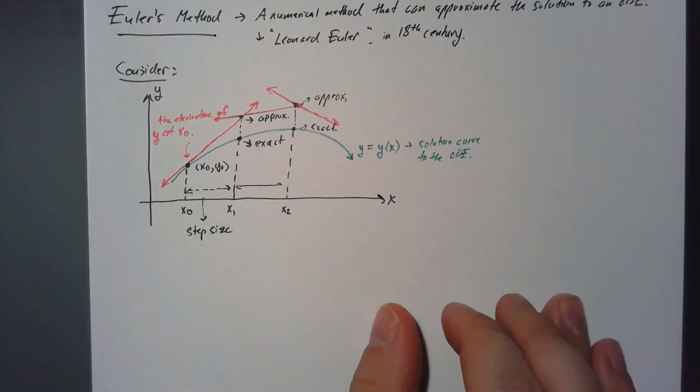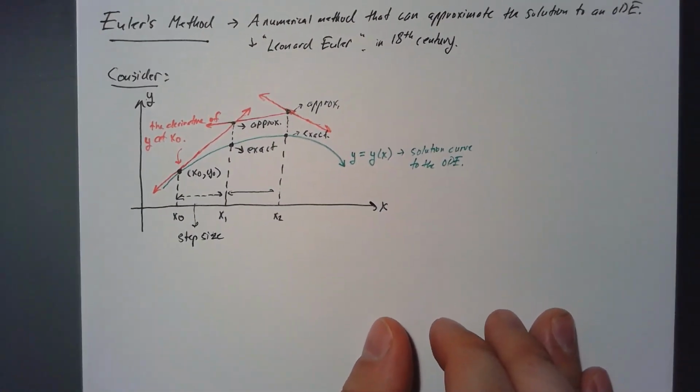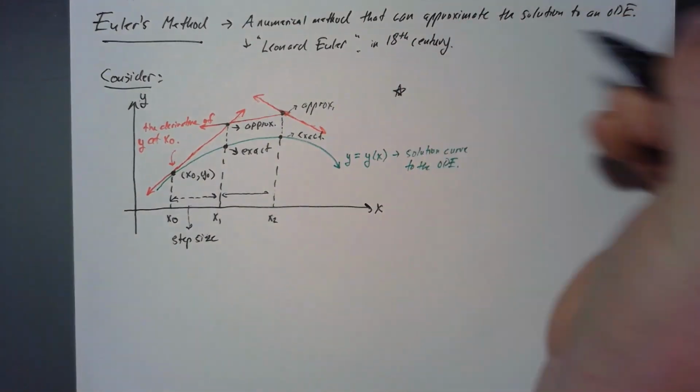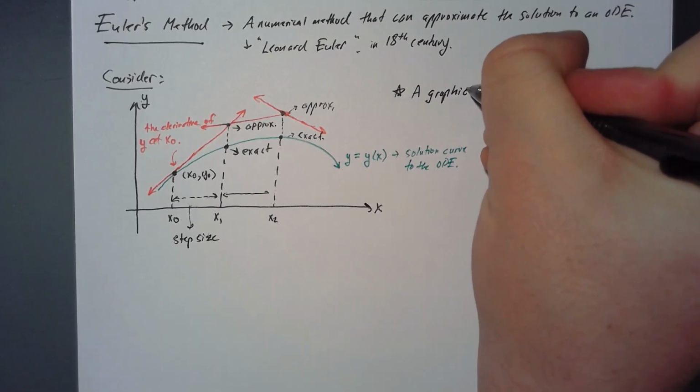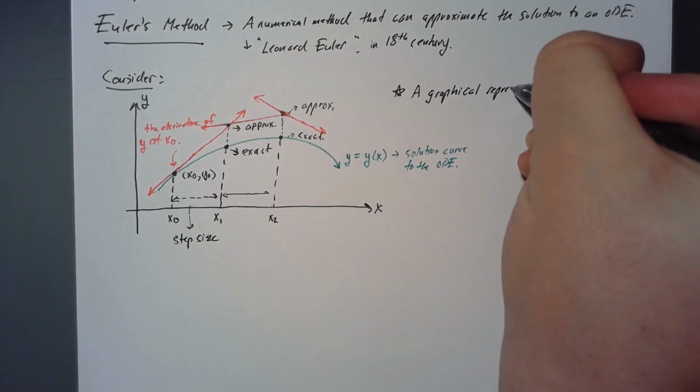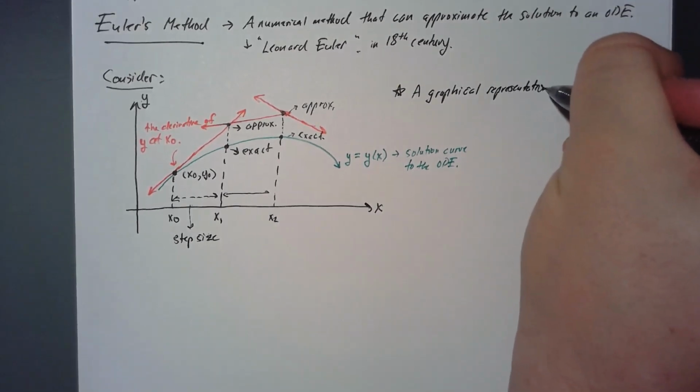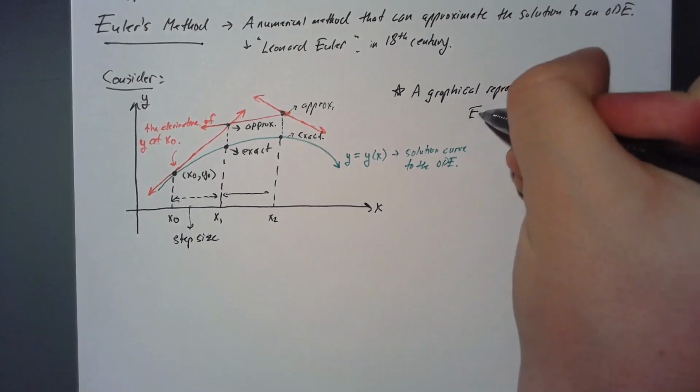But so how do we do this mathematically? I'll just summarize. This is a graphical representation of Euler's method.